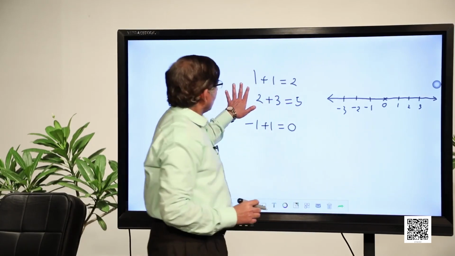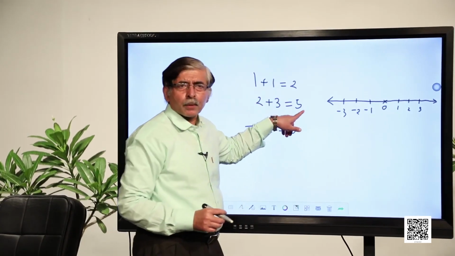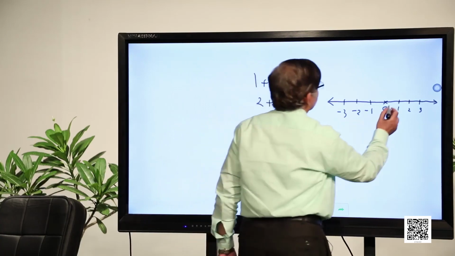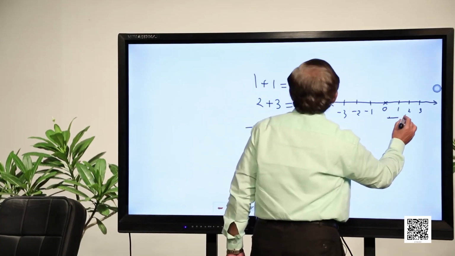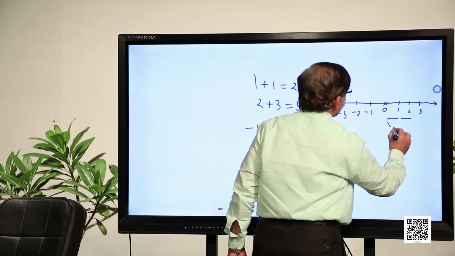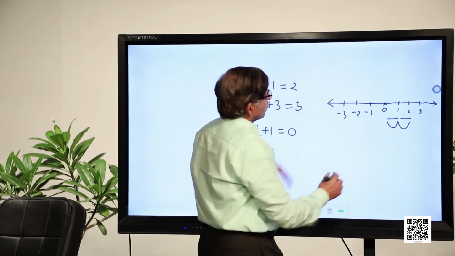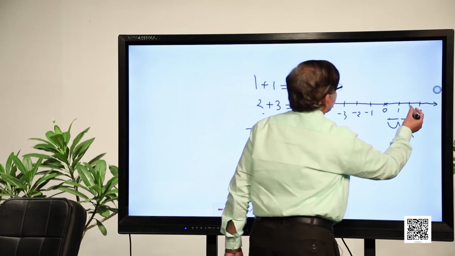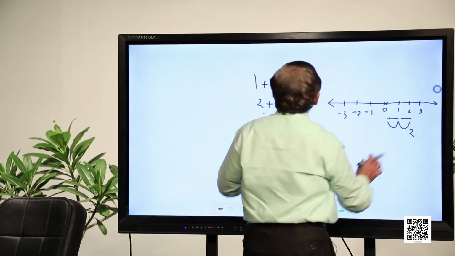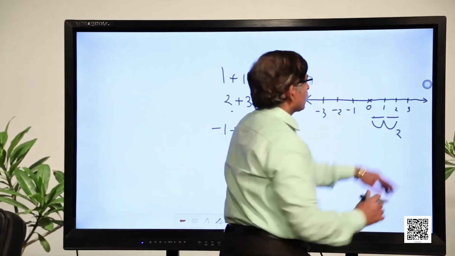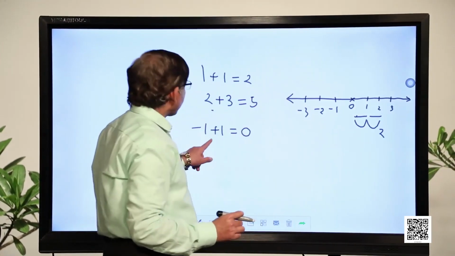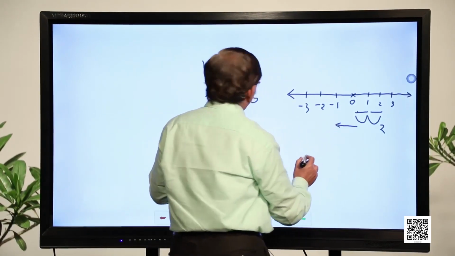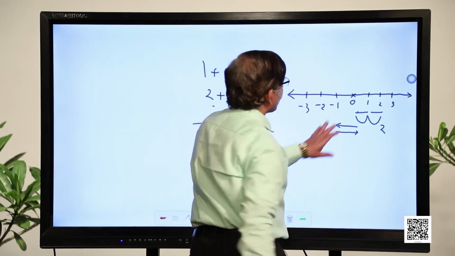In the first case, 1 plus 1 we have got 2, that we can verify with the help of the number line. So, this much is 1 and this much is 1. So, 1 and 1 we get 2 here, right. Then 2 plus 3, similarly we can take 2 and 3, this also will get 5. So, 5 may be here. And minus 1 and 1, if I take minus 1 on this side and plus 1 again on this side, this also will get 0.